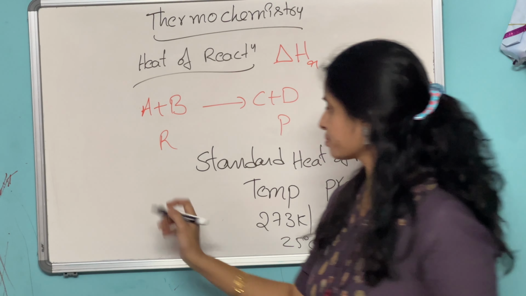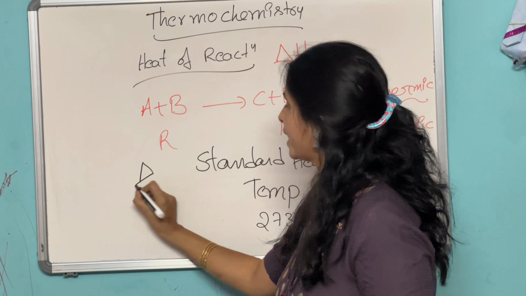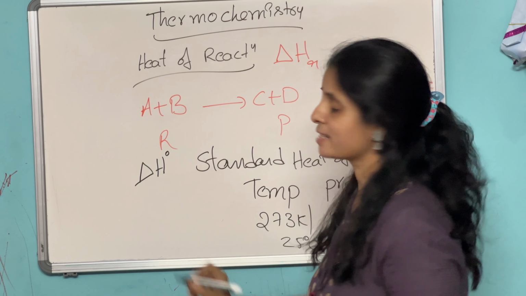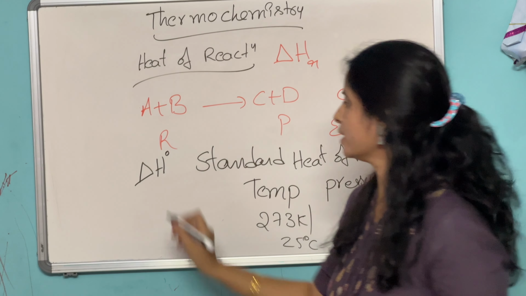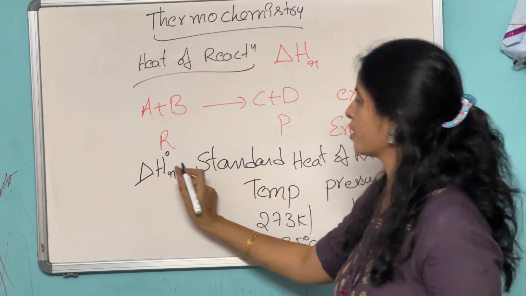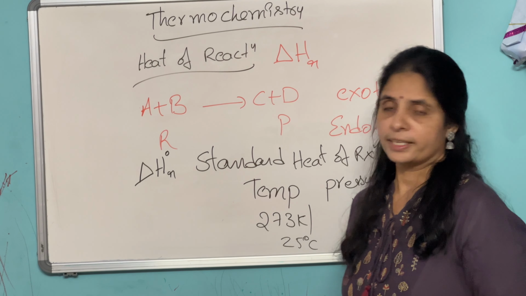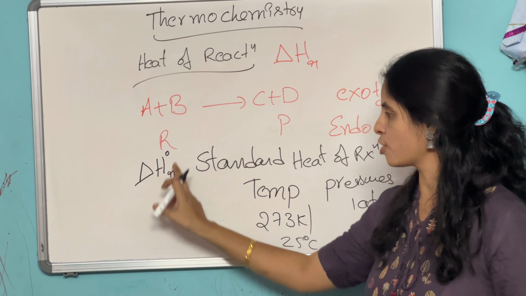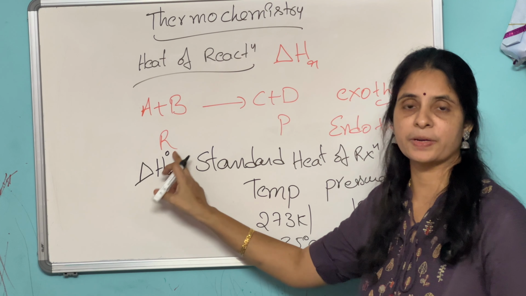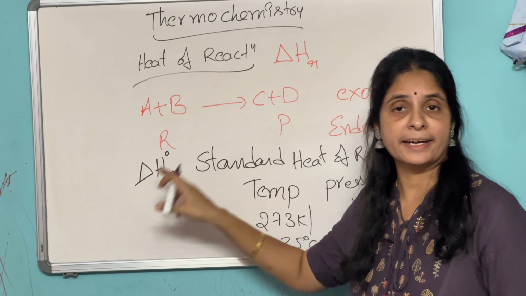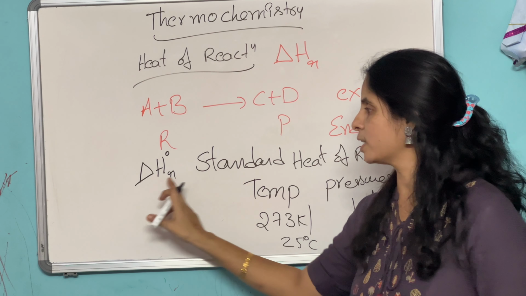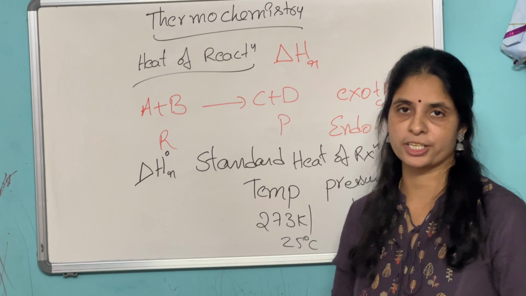Standard states are represented by the naught: delta H naught R. Clear? That is the standard heat of reaction. Delta H naught represents that the chemical reaction takes place at standard conditions.